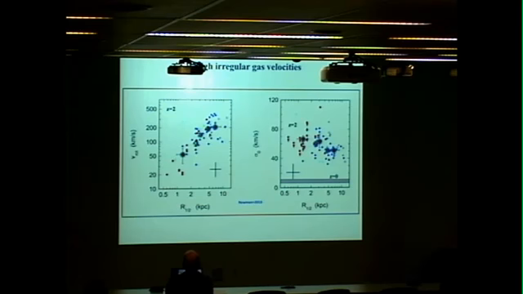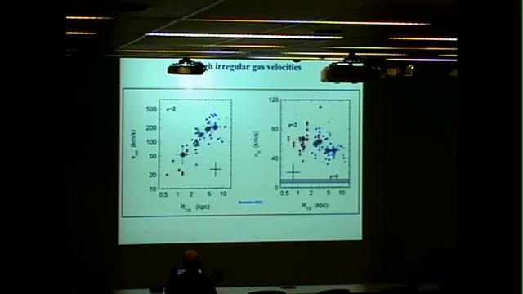In addition, the dispersion, which you see on the right side of the gas, seems to be not dependent on R1/2. It might be a little dependence, goes from 60 maybe to 50, but who cares about this minor dependence? So somehow these galaxies are all driven by high irregular motion. I wouldn't call it turbulence because I don't really know whether it's turbulence.